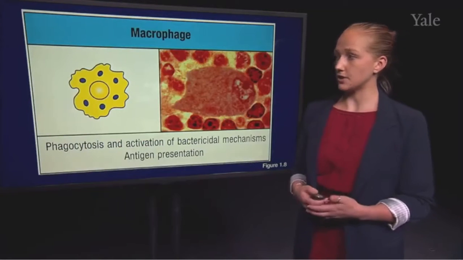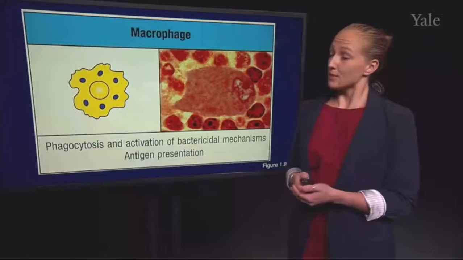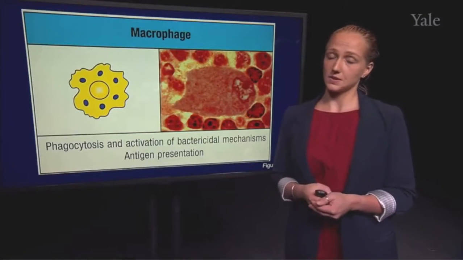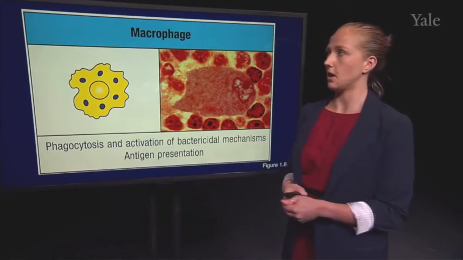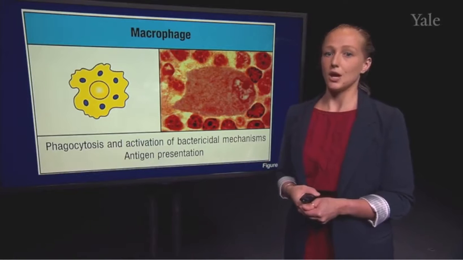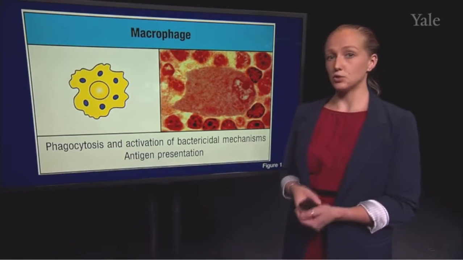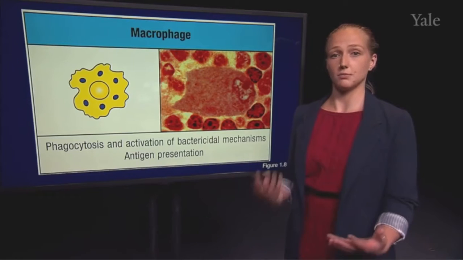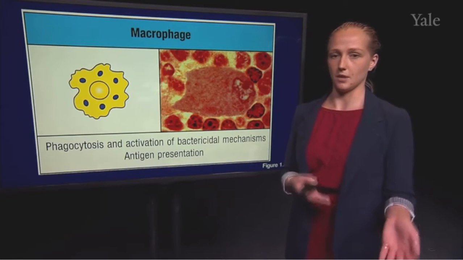Macrophages in general have the property of being phagocytic, and they're also really important in various bactericidal mechanisms. They're resident in most tissues, so almost every one of our tissues has what's called resident macrophages. What's interesting about these is that the tissue-resident macrophages have not derived from bone marrow-derived monocytes.